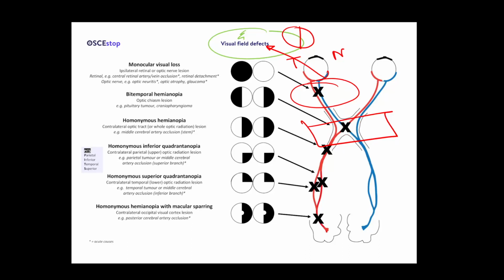Since it is the medial part of the retina that is being jeopardized, you will lose the visual function of the temporal region of the eye. It could be bilateral, with both the right and the left eye involved. Hence, there will be bitemporal hemianopia.